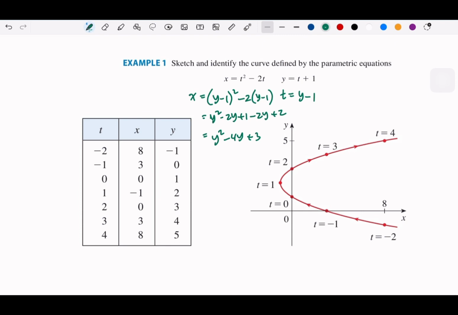Just to make sure that what we did is okay. If you check point by point, you can also draw. Also, if you want to know what kind of graph, you can substitute the t and see what kind of graph you get in terms of x, y.